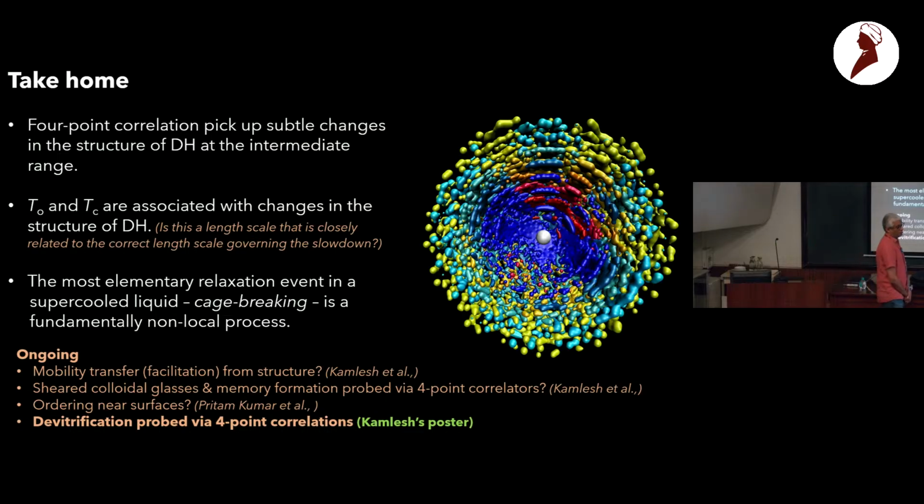So I think one confusing part of the results that you presented, Rajesh, is, I think by and large everybody agrees that whatever is happening around the mode coupling temperature is a gradual change, right?